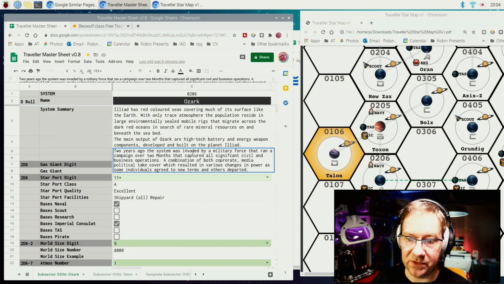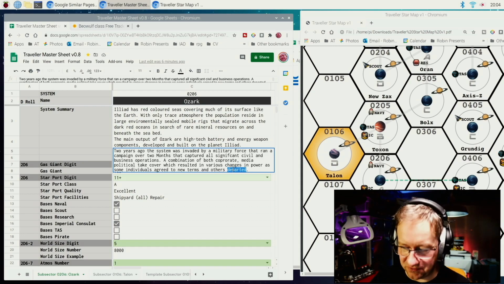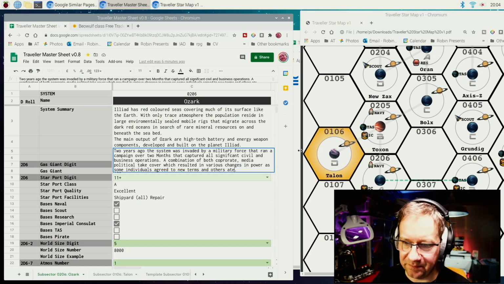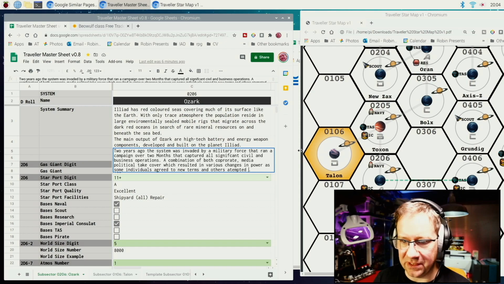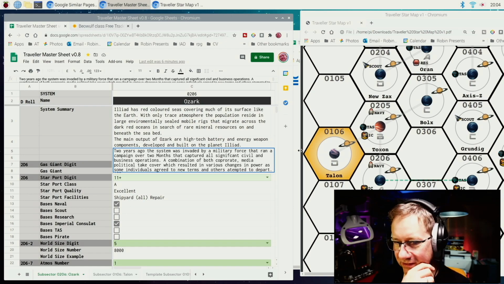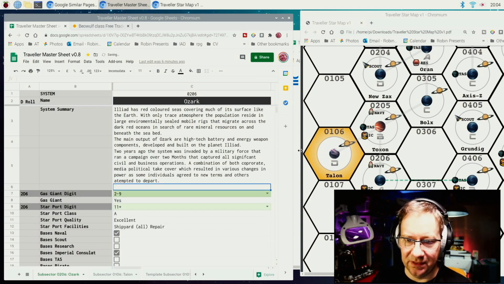Or I shall say, attempted to depart. Who knows, maybe they were given an opportunity to say you can go off system, but something horrible happened. There's just a hulk of a ship where they said, here you go guys, and they just stuck it out into the somewhere on the planet, where it went into the sea, and it's now gone.